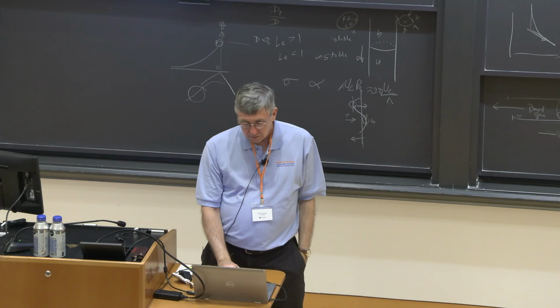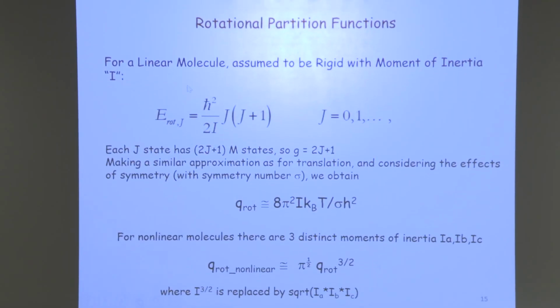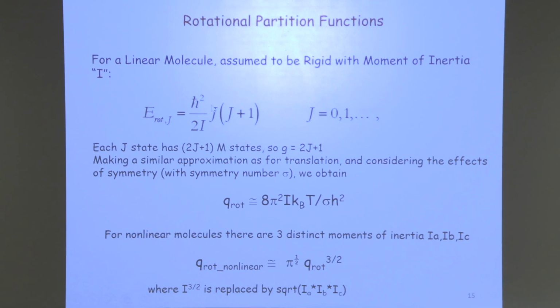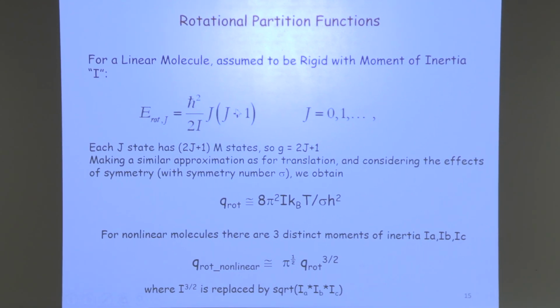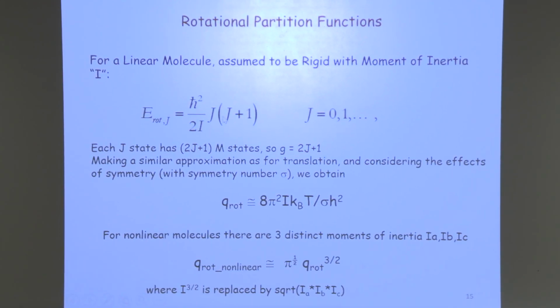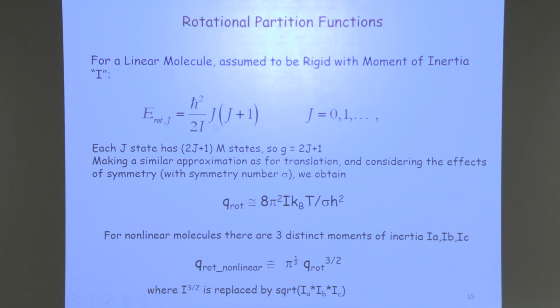And so for a linear molecule, say hydrogen, H2, this is what the energy levels look like. You can just solve the quantum mechanics equation for rotation. And it turns out to be pretty simple. There's a quantum number for rotation, and that number basically squared comes in, and you multiply by Planck's constant squared divided by 2 pi squared. And it has a moment of inertia in the denominator.